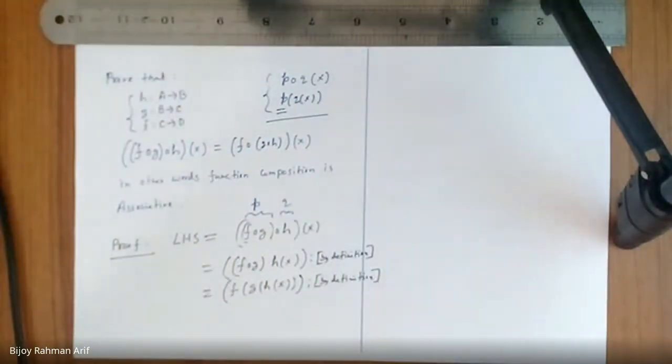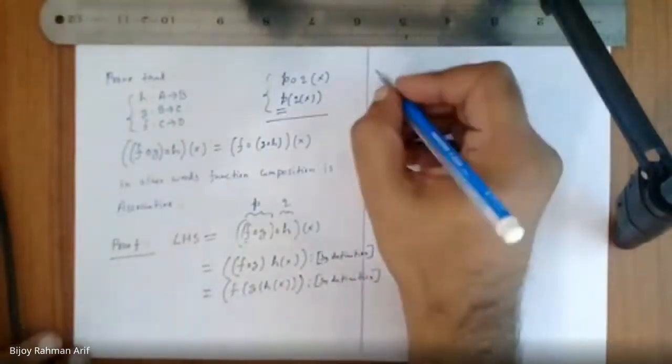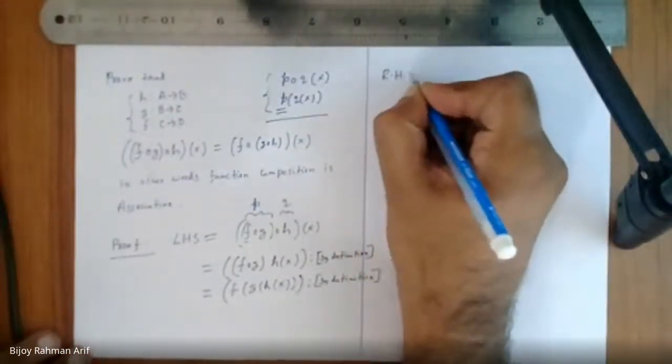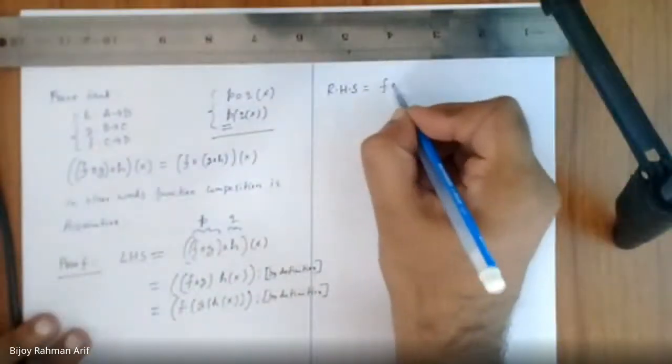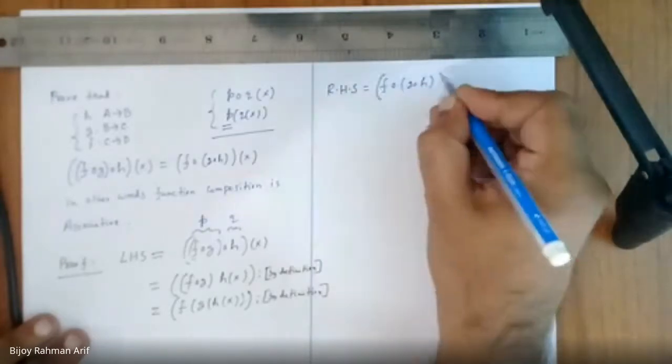Simple. Thank you. Just use your intuition. Simplify. So this is the left hand side. How about the right hand side? F∘G∘H (X).